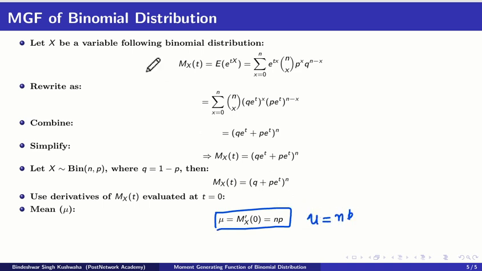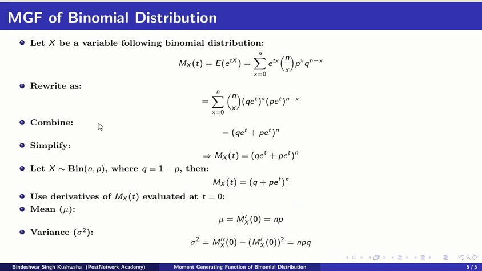The same way, differentiate the moment generating function 2 times. Here I have calculated the variance. Variance requires E[X square] minus E[X] the whole square.